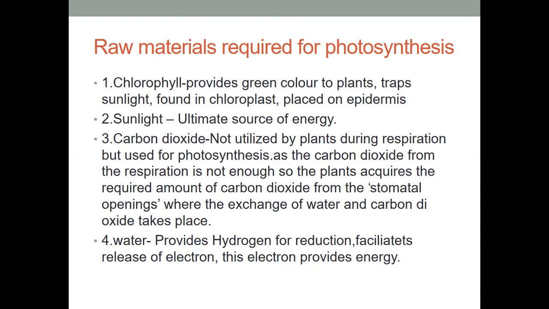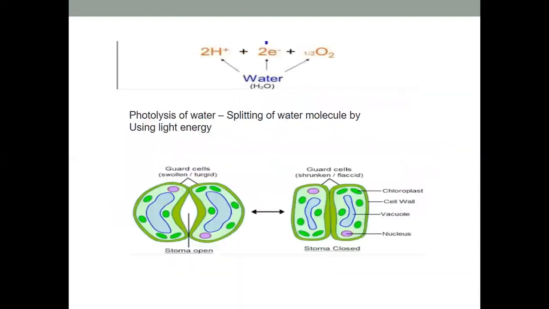So water provides hydrogen for reduction and facilitates release of electrons. This electron provides energy. Okay, so here the stomata is present. Here the stomata is closed and here the stomata is open. What happens when the guard cells, these two are guard cells, get turgid or swollen?